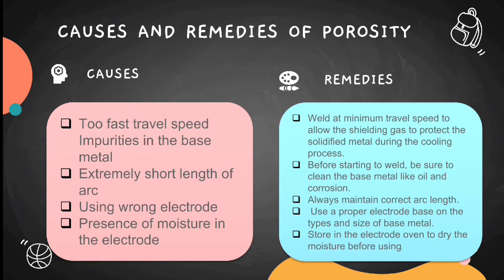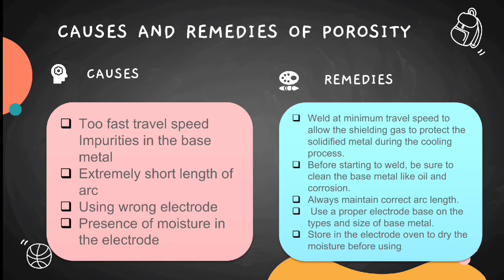So, how can we avoid having these defects? So here are the remedies. Number 1, weld at a minimum travel speed to allow the shielding gas to protect the solidified metal during the cooling process. Number 2, before starting to weld, be sure to clean the base metal like oil and corrosions. For examples, the rust and also paint residue.